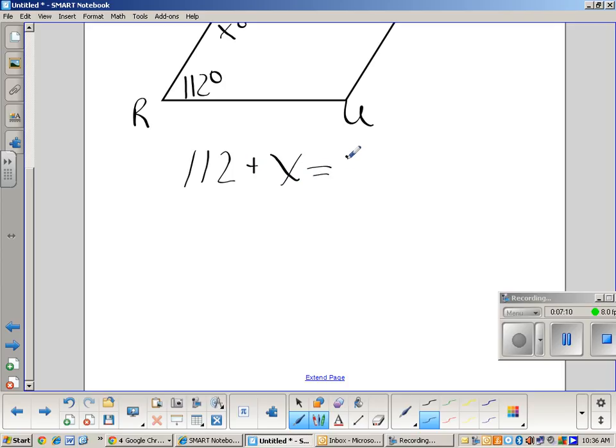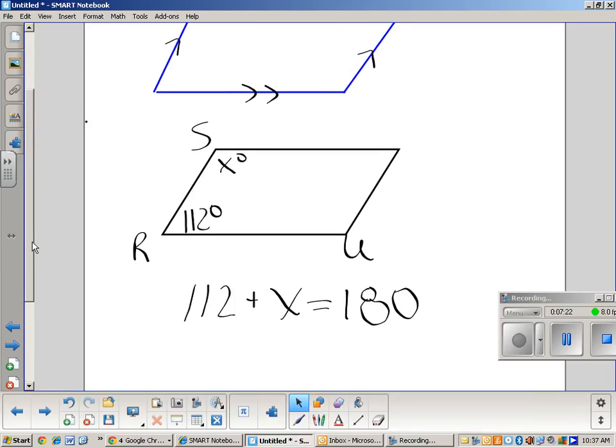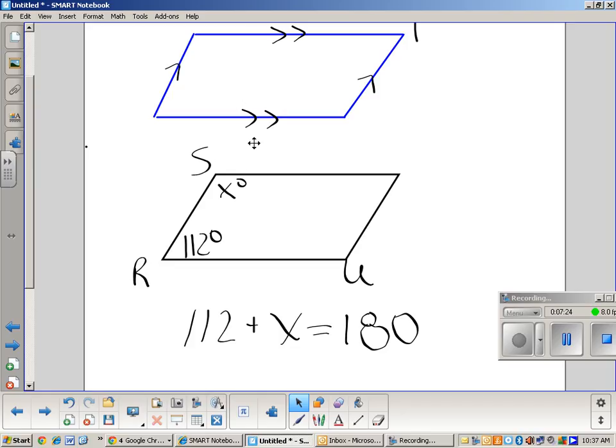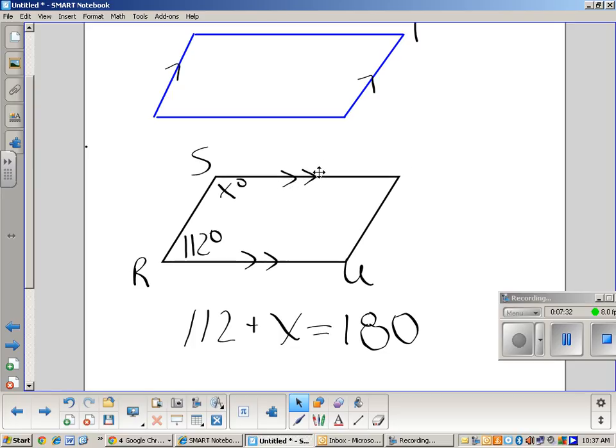Now, let's take the first item that we put on our list that we know is true once a figure or a polygon is a parallelogram. What was the first thing we know is true about a parallelogram? Opposite sides are congruent.